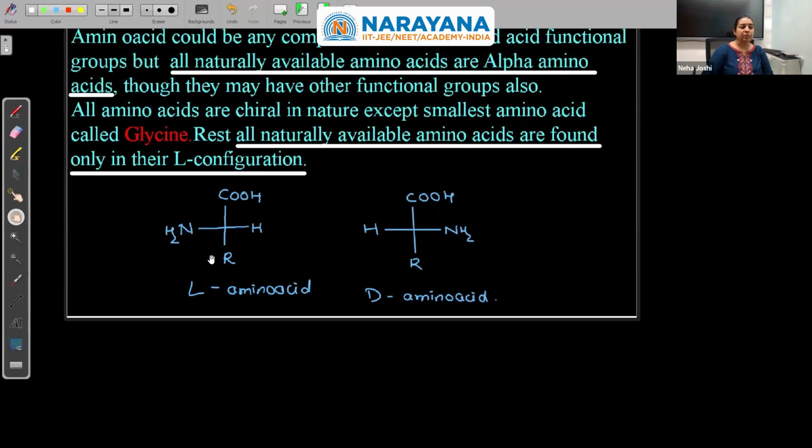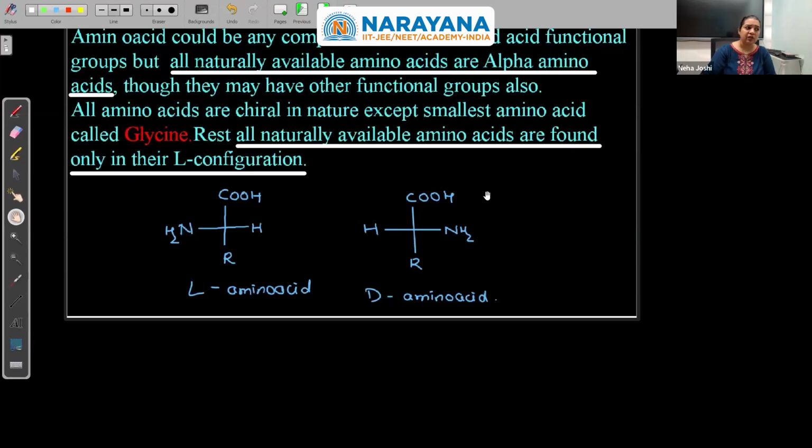Now here is the L amino acid. For amino acids, the terms capital D and capital L are used like we did yesterday for monosaccharides in a Fischer projection: if the highest IUPAC numbered chiral center has OH on the right hand side, then we call it D sugar.